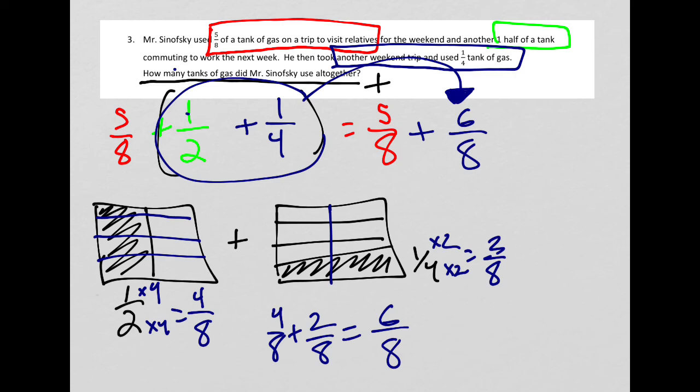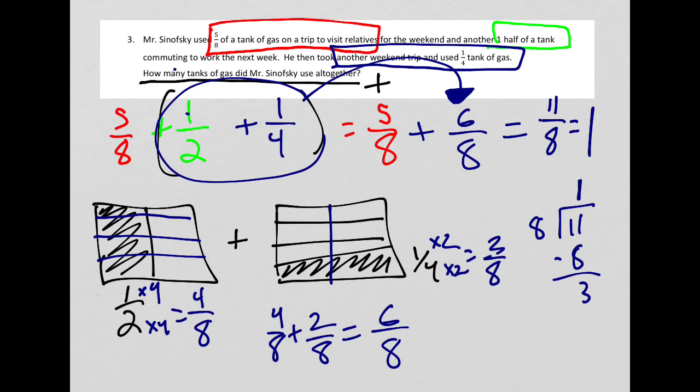So I can just add those straight across. 5/8 plus 6/8 is going to give me 11/8, which I know can turn into 1 whole, because I'm doing 11 divided by 8. 1 whole and 3/8 left over. So it looks like he used 1 3/8 of his gas.